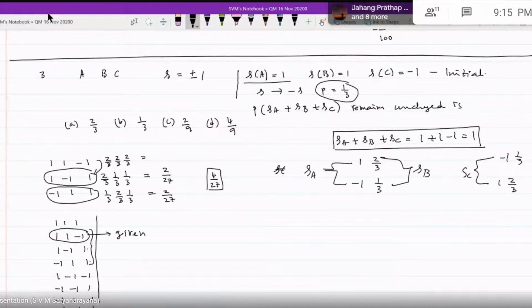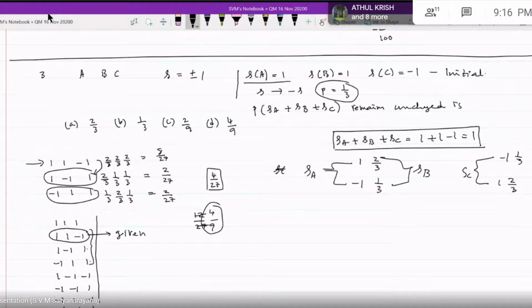So that will be like 8 by 27. Okay, so then I will have 12 by 27. Yeah, that is fine. Then that is 4 by 9. You understand? Yes, sir.